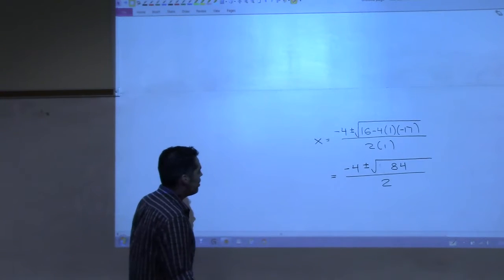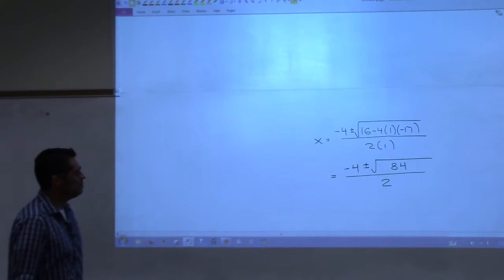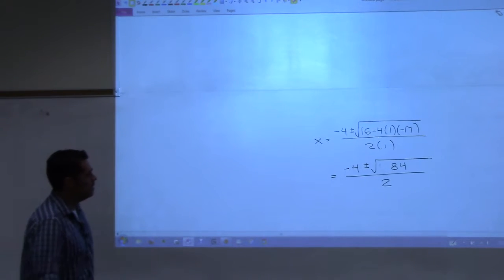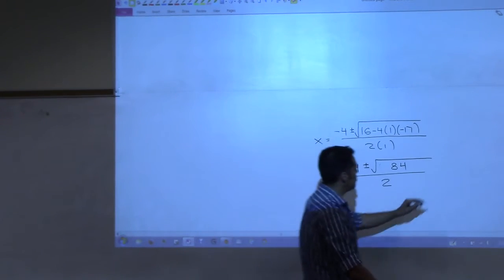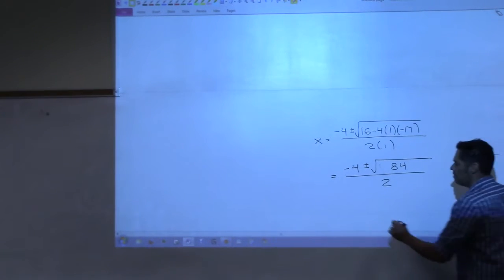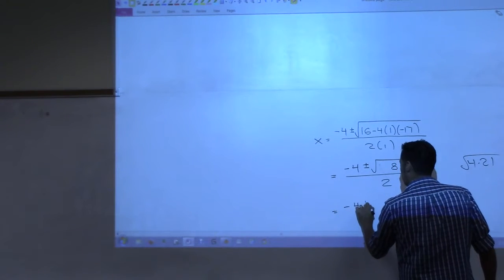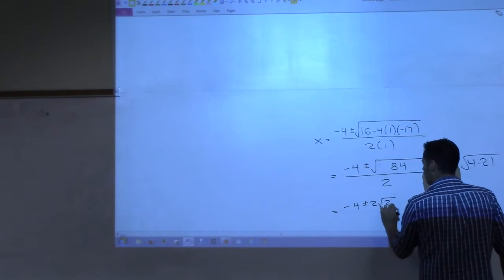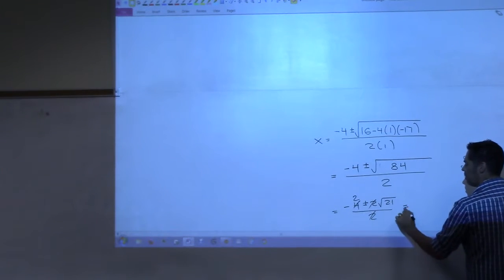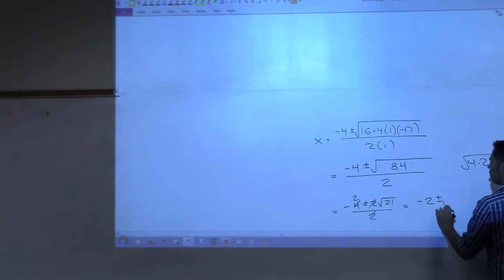Let's see, 84. Can we break 84 down? That's 4 times 21, right? I can break down 84 as 4 times 21, and then I can pull the 4 out as a 2. So if I do that, I have negative 4 plus or minus 2 root 21 over 2, and then I can divide by 2, and that turns into negative 2 plus or minus root 21.